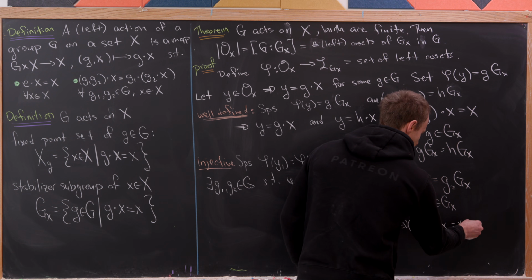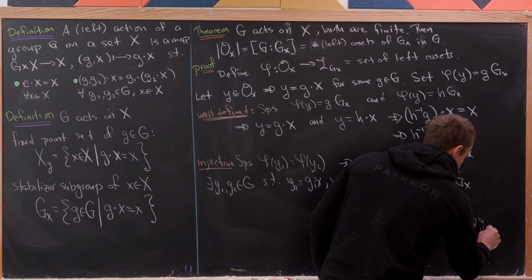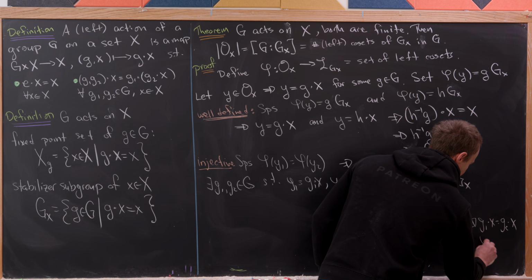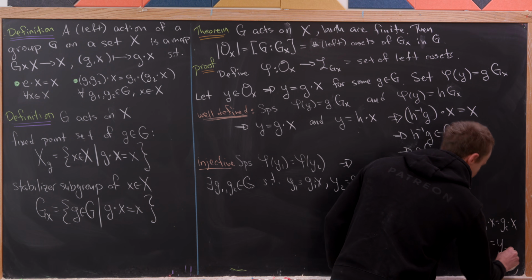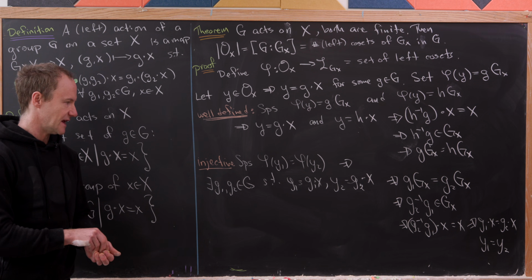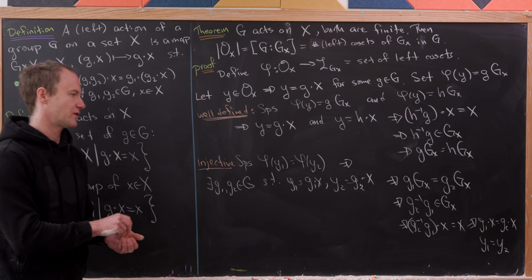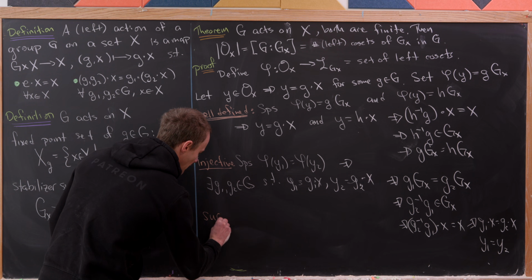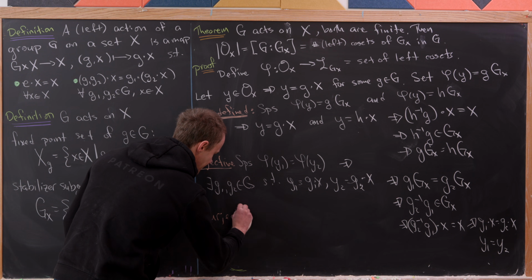But then that means pretty quickly that g1 dot x is equal to g2 dot x. In other words, y1 is equal to y2. So there's where we get injectivity. We started with phi of y1 is phi of y2, and we ended up with y1 is equal to y2. That's how you show something is injective.